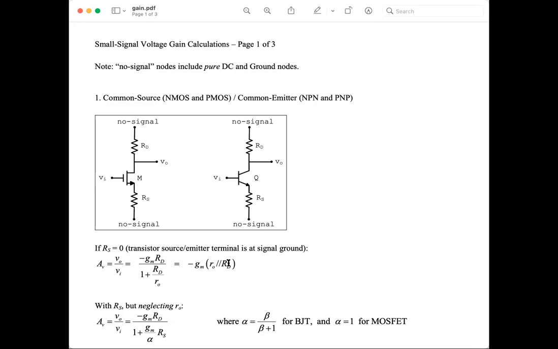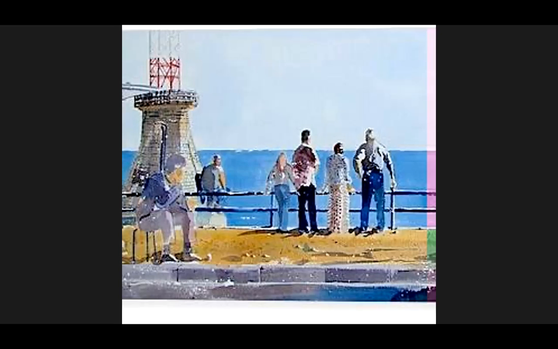So where can I get this input resistance formula from? Well, this is the second file, which is the resistance calculation file. So again, there's a formula sheet for resistances, and I will stop sharing the voltage gain formula sheet and share the resistance formula sheet.